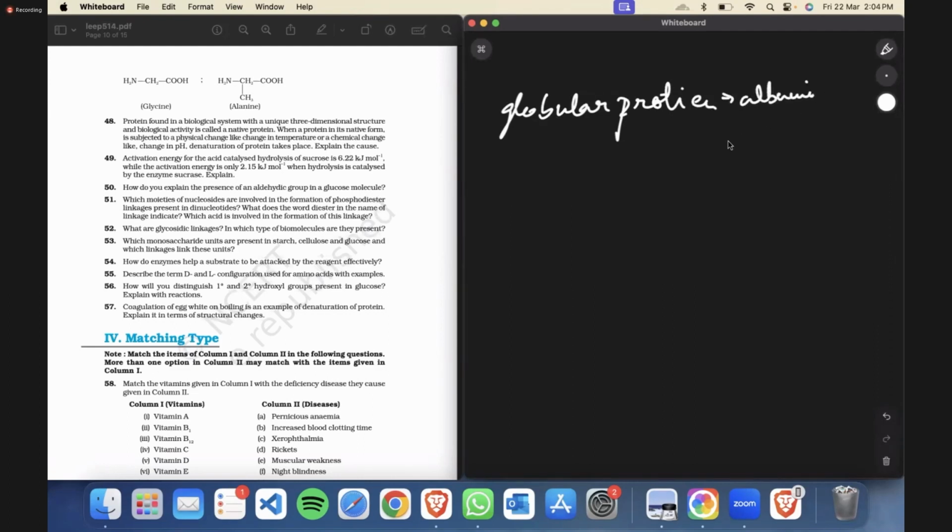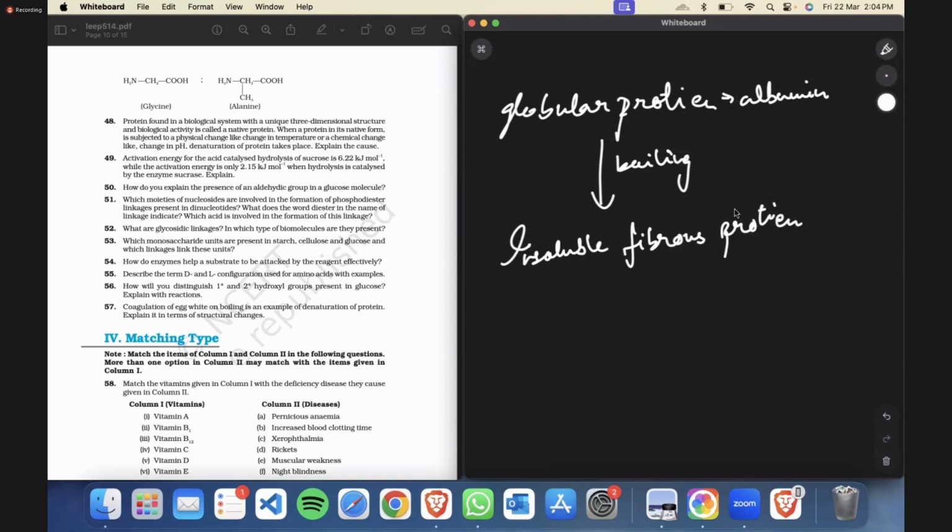Now, when it is boiled, this albumin will be converted into insoluble fibrous protein. All right.